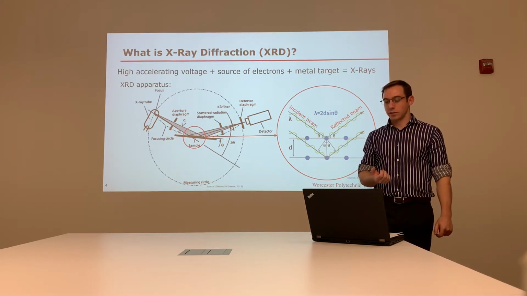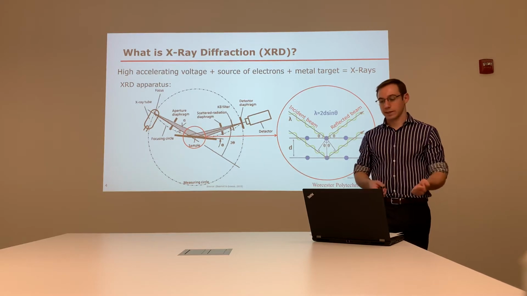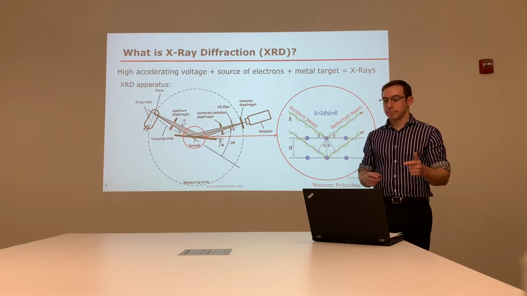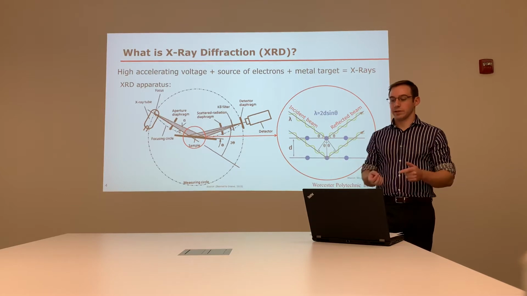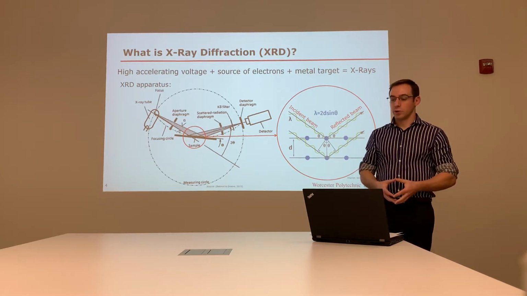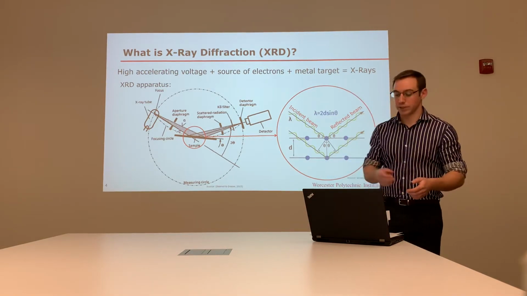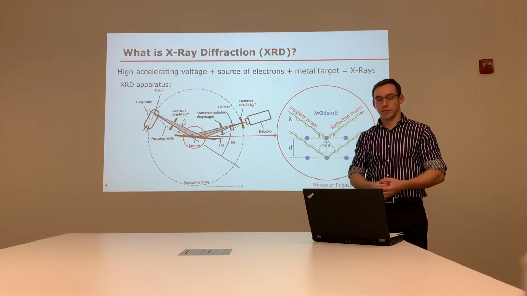And the correlation between the X-ray wavelength, the D-spacing, which is the spacing between the crystallographic planes, and the angle is called Bragg's law. So when we know the wavelength of the X-ray beam, for example, and we know the angle, we can determine the D-spacing through this relation.